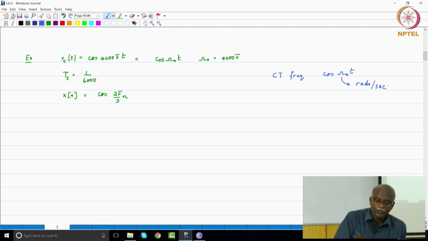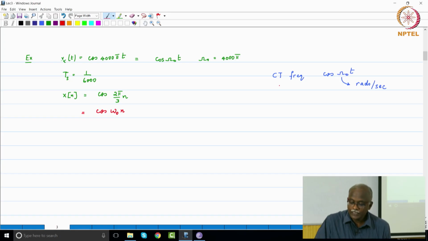Now, on the other hand, if I wrote this using a slightly different notation, cosine omega naught n, that is how we would represent a sinusoid in discrete time. Now, the discrete time frequency is cosine omega naught n.